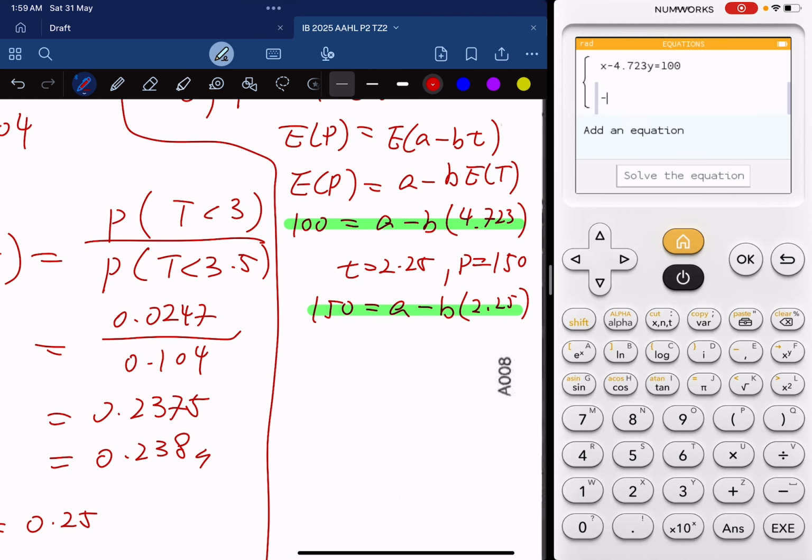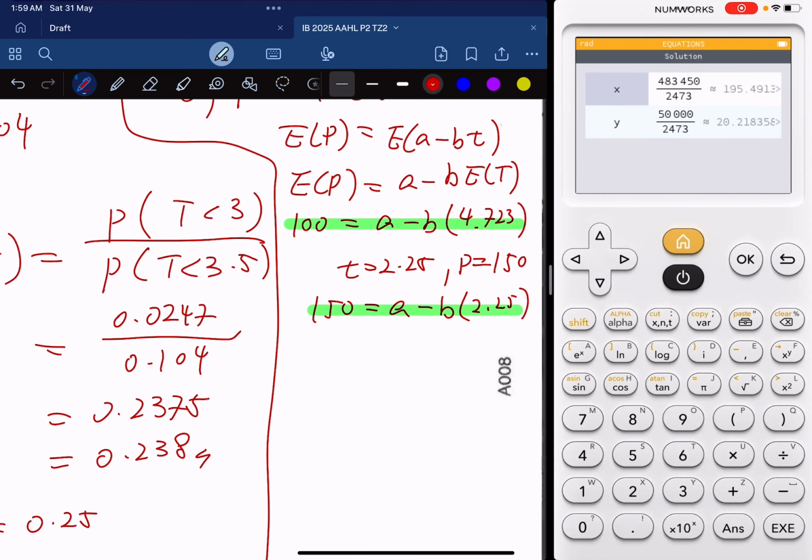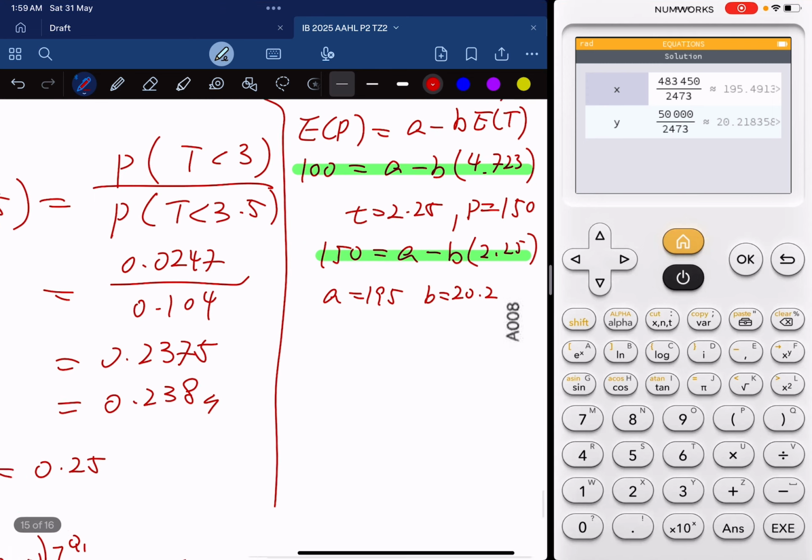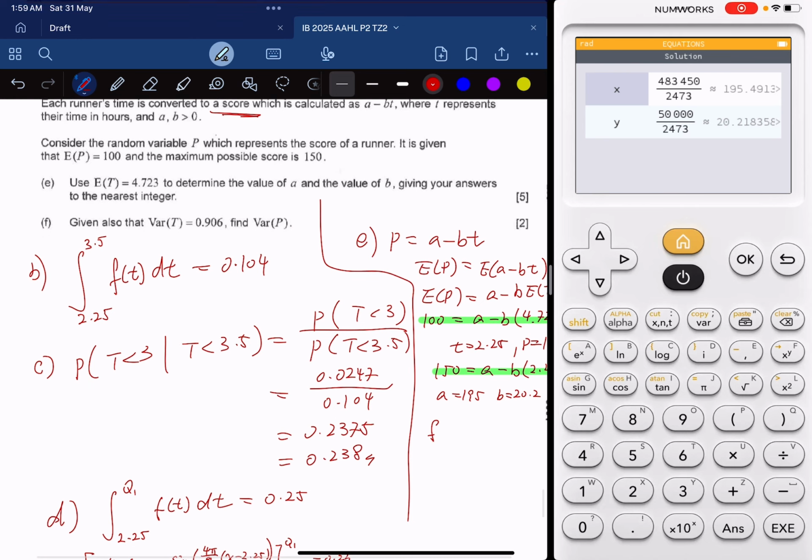And add another equation, same thing: A would be 1, B would be minus 2.25, and this would be 150. Make sure I type it correctly. So A would be 195, B would be 20.2. Okay, so yeah.